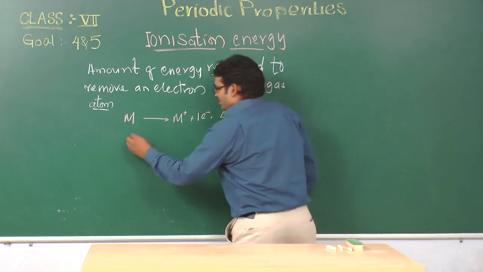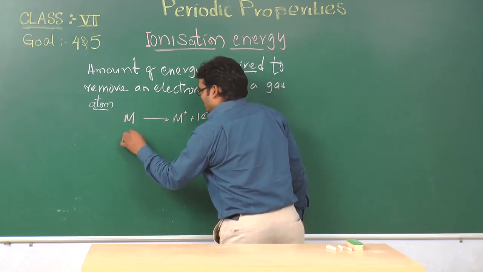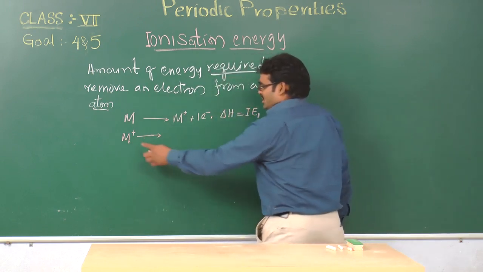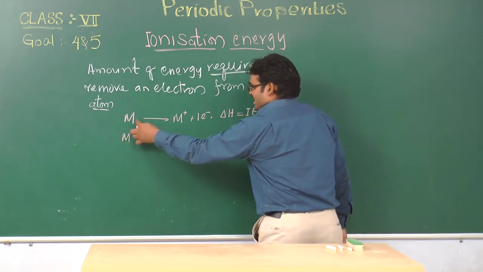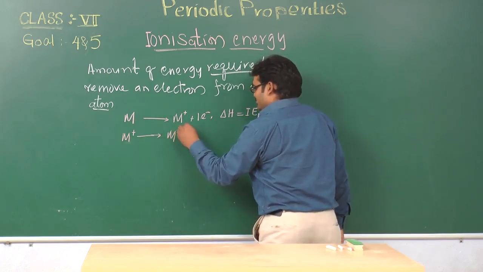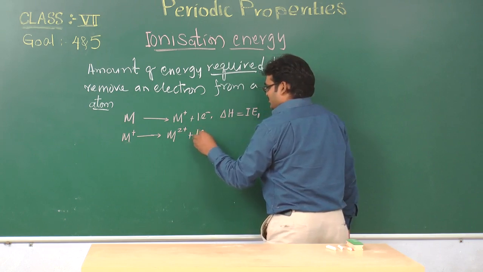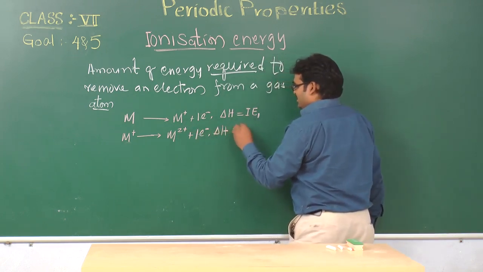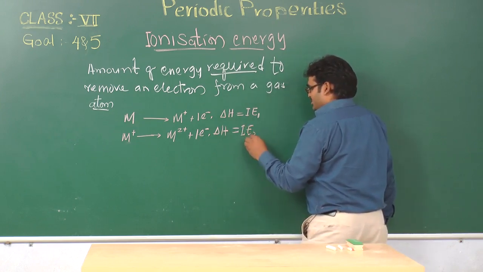Now, if one more electron has to be removed from this isolated gaseous ion, this is the atom and this is the ion, we get M2+ plus 1 electron, with delta H being IE2.